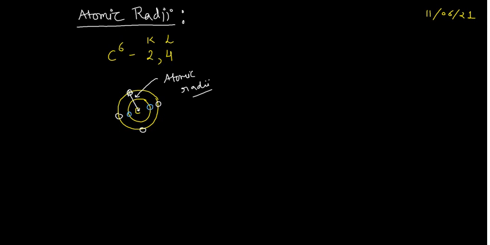Now suppose you are having another species, say sodium ion, Na positive. You know the sodium is having the atomic number of 11. If it lost 1 electron, it will have 10 electrons, so the configuration would be 2,8.